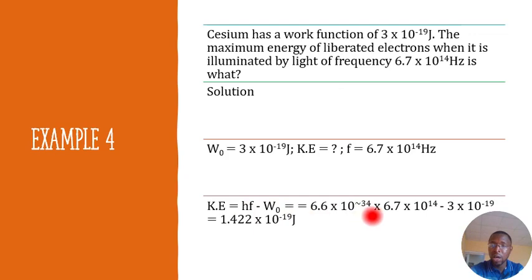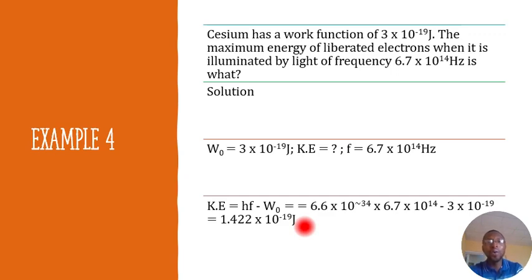That's the value of h multiplied by frequency, which is 6.7 times 10 to the power 14, then minus the work function, which is 3 times 10 to the power minus 19, and when we simplify this, we have our kinetic energy to be equal to 1.422 times 10 to the power minus 19 joule.